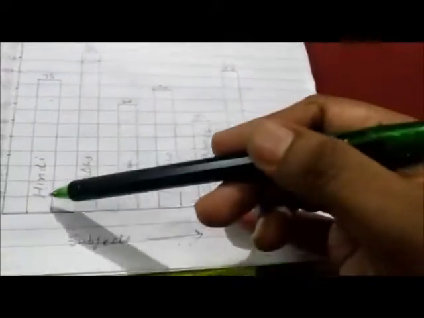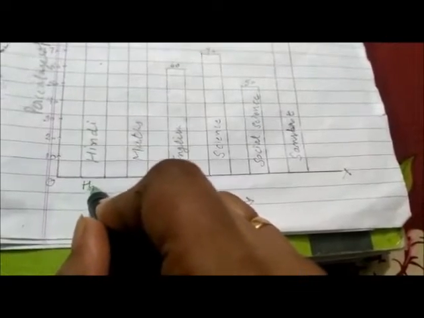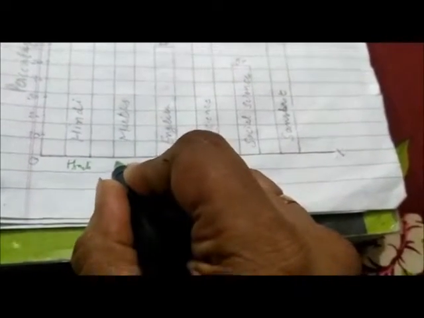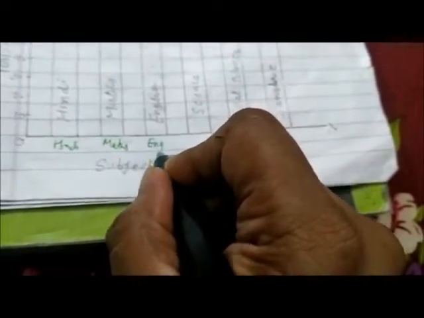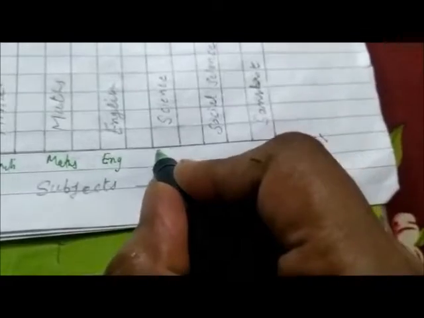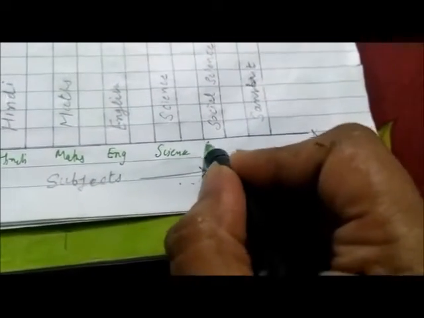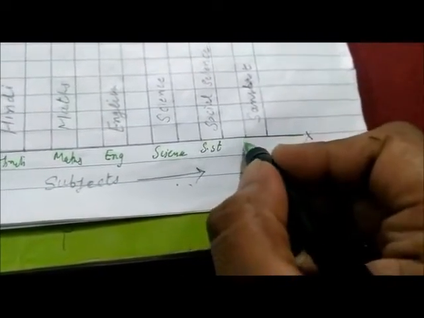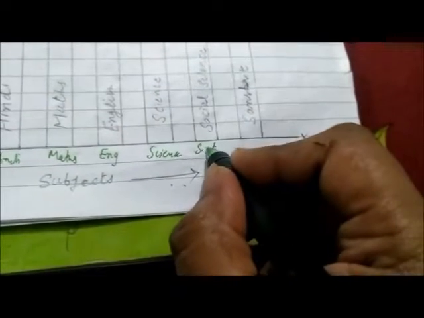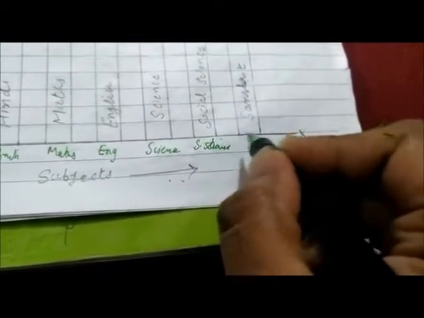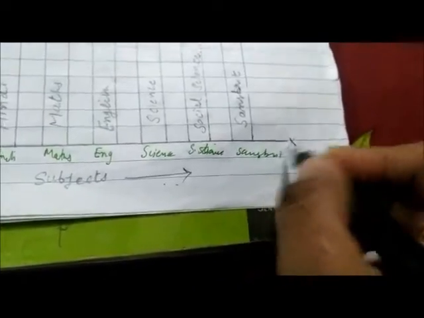Then Sanskrit 85. We will write the subject names here: Hindi, Maths, English, Science, Social Science, Sanskrit.